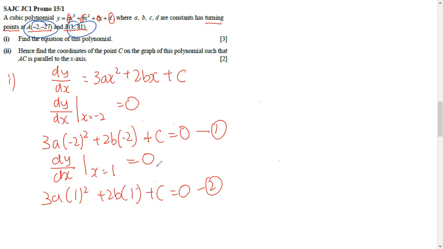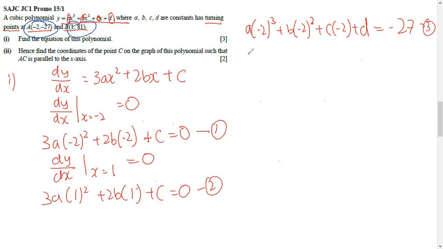So we can sub it into the main equation: a times minus 2 cubed plus b times minus 2 squared plus c times minus 2 plus d should give you minus 27. This will be my equation 3.